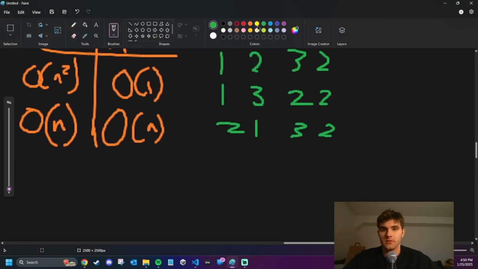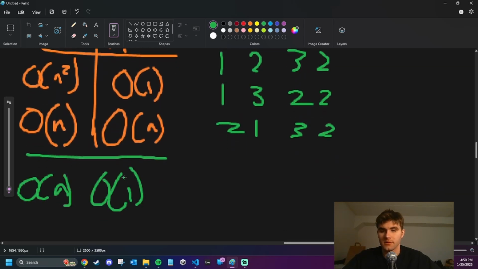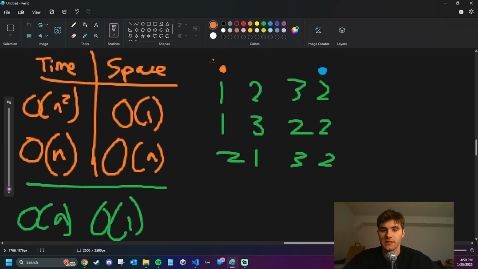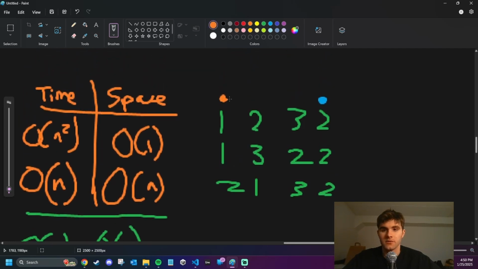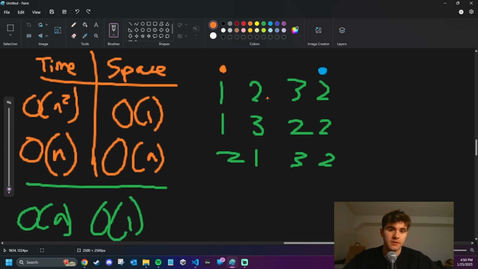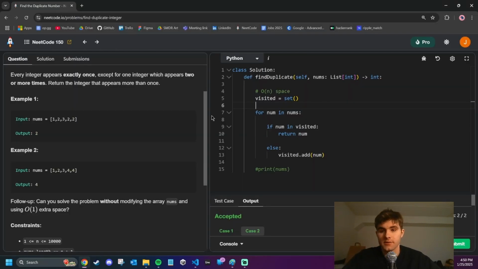But I need to do linear time and constant space. So we can't use any data structure. So we're just going to have to use pointers and do comparisons to check that it's duplicates.